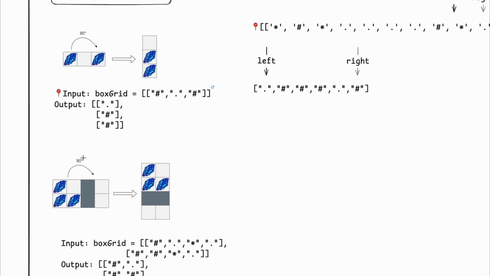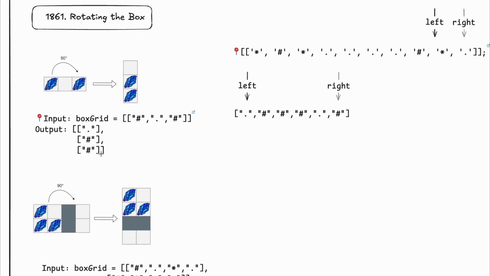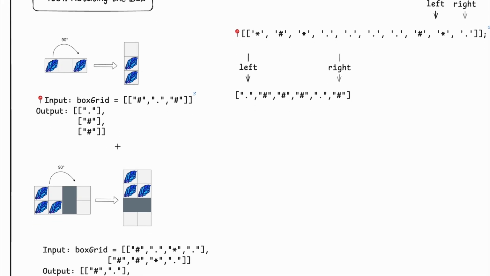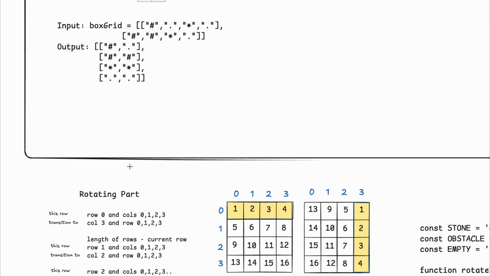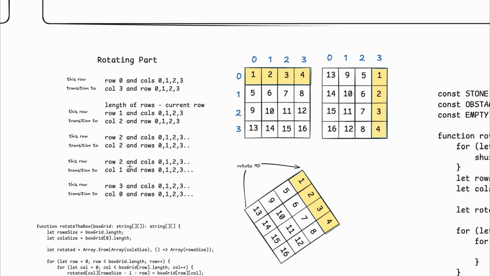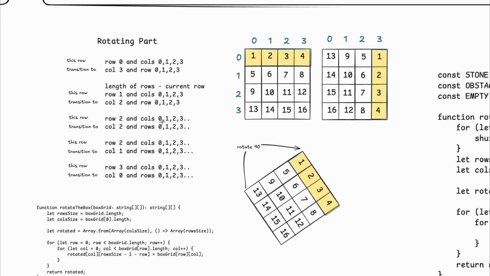I'll introduce you to rotating, because it will be hard to understand my ideas later. So we have a matrix, we have to rotate it, and at the same time we have to change the rocks' positions. Before we start talking about shuffling or changing the position of rocks, let's talk about the rotating part.